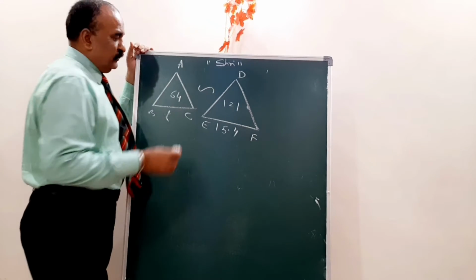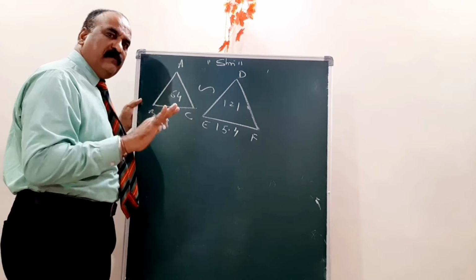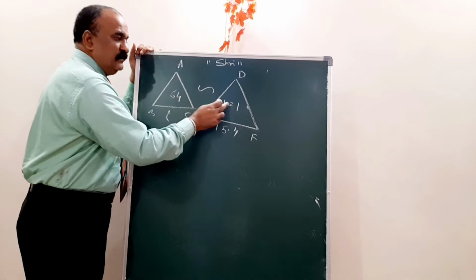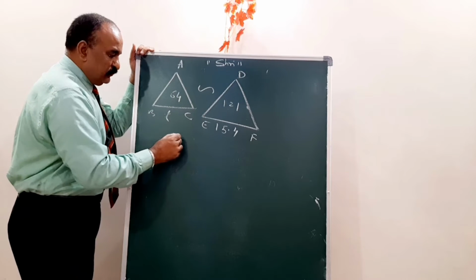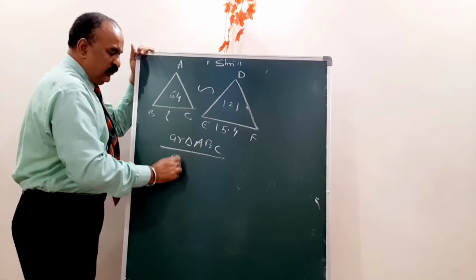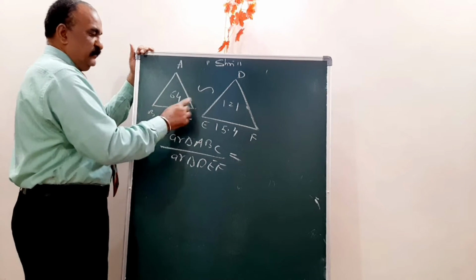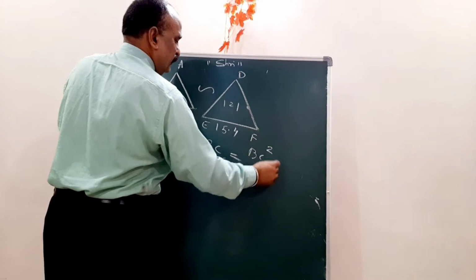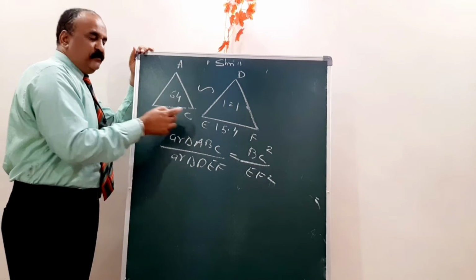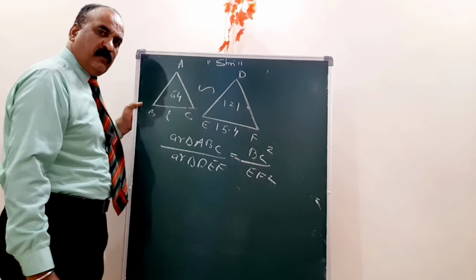As you know, the ratio of the area of two similar triangles is equal to the ratio of the square of their corresponding sides.